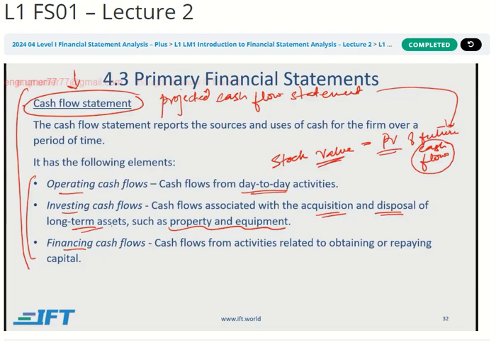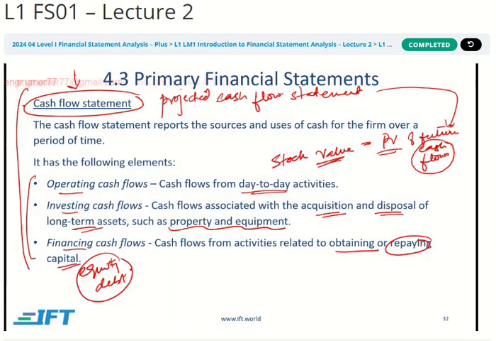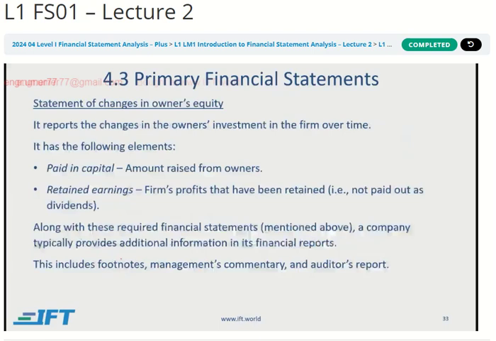And financing cash flows are where you're getting capital either from equity holders or from debt holders. So a new loan coming in or a loan being repaid. So money coming in and going out from your providers of capital, or back to your providers of capital, is going to be shown under your financing cash flows.